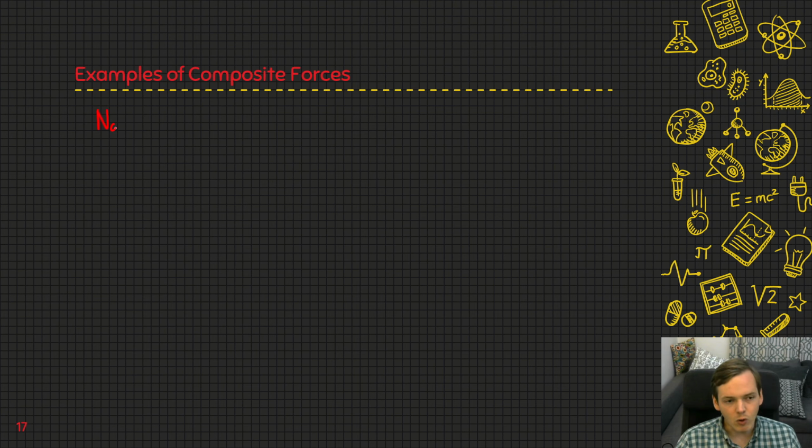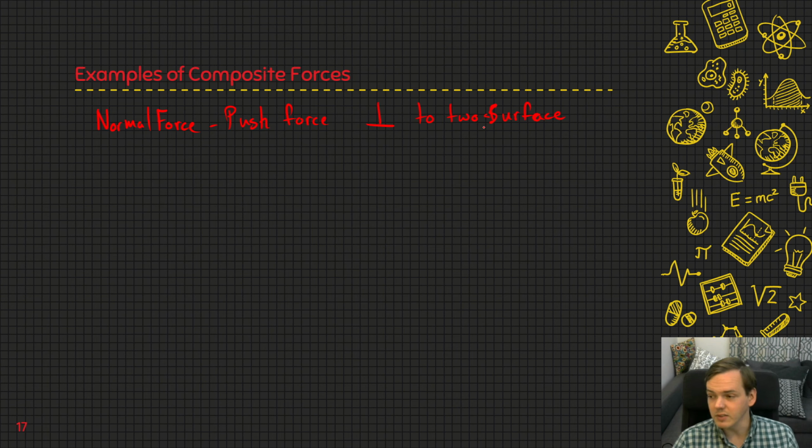First, we have a normal force, and that's a push force that is perpendicular to two surfaces. So this is basically all of the kind of standard push forces that you think about.